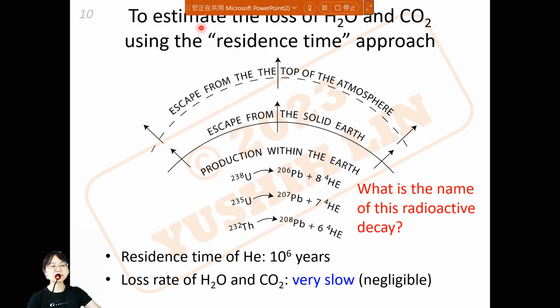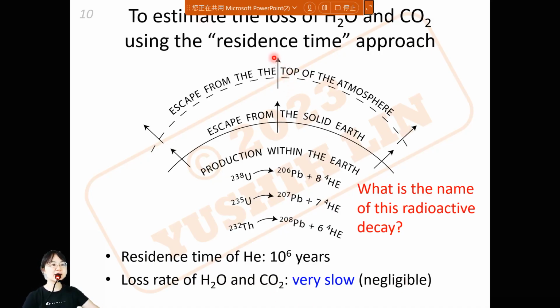And we can also estimate the residence time of helium. It is 10^6 years in the atmosphere. And based on this calculation, we know that the loss rate of water and CO2 is very low. It's almost negligible.